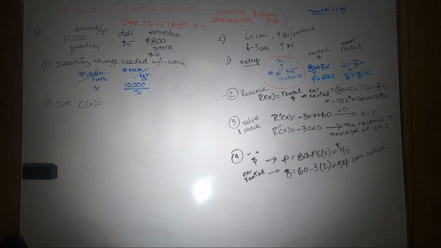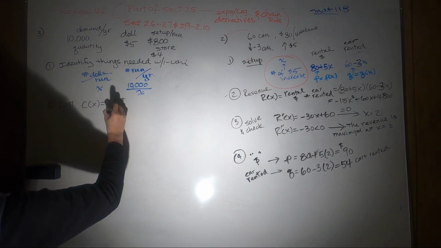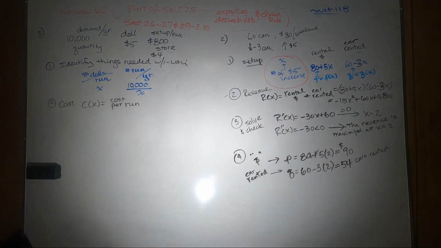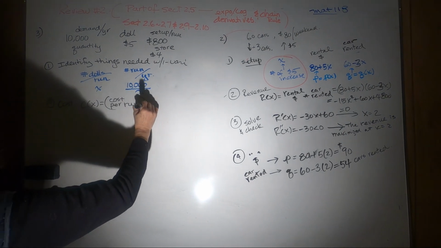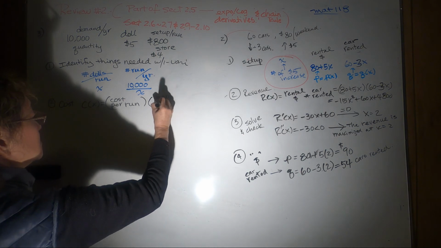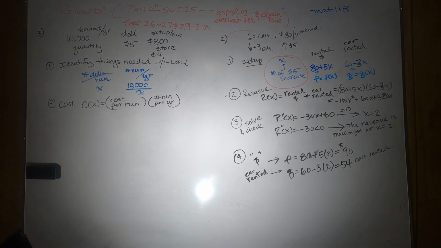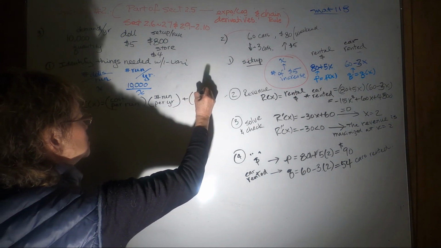That would be the cost per run, the cost of production each time, times how many runs per year. Is that right? Plus the storage cost.